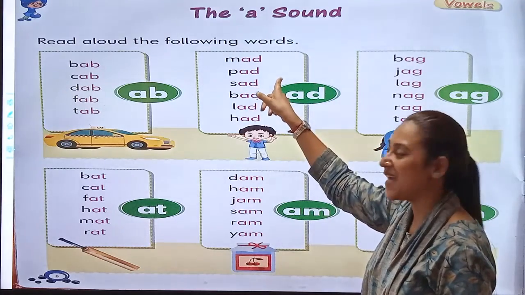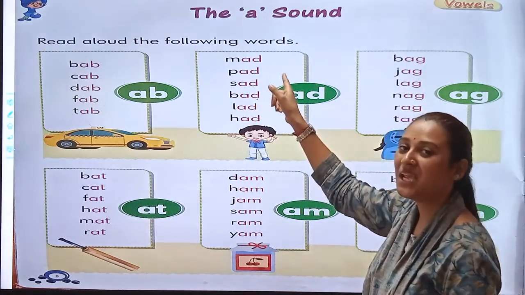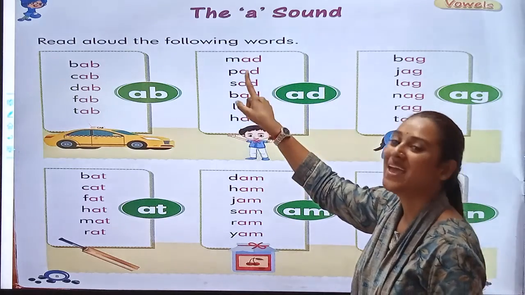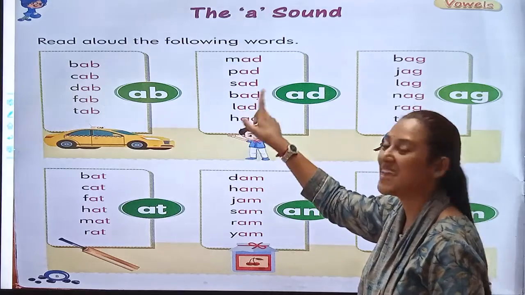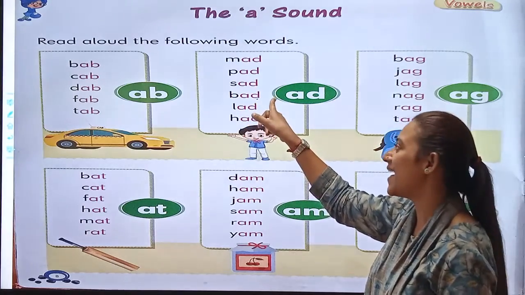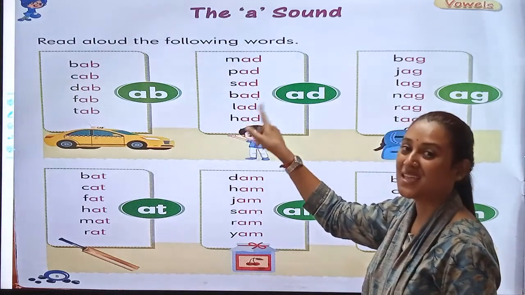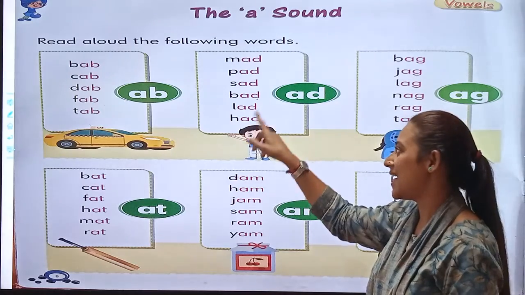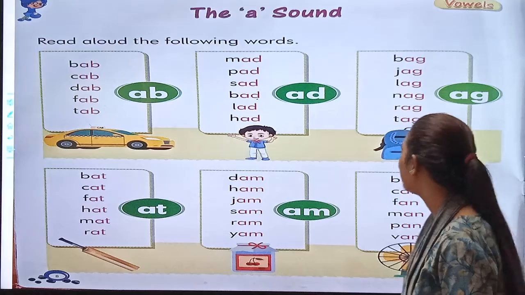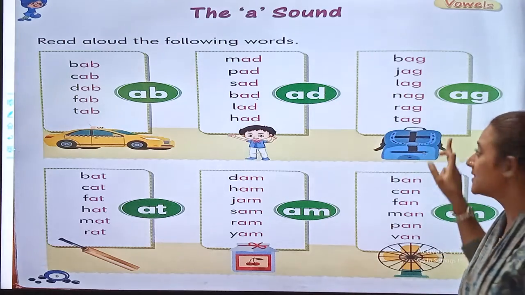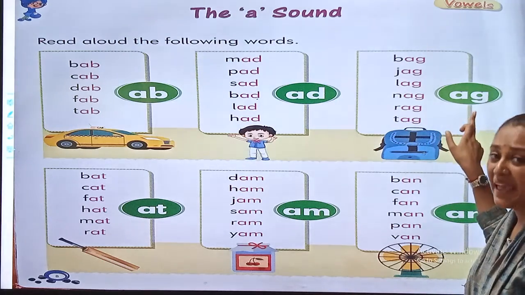M-A-D, mad. P-A-D, pad. S-A-D, sad. B-A-D, bad. L-A-D, lad. H-A-D, had. Then next is A-G, egg.